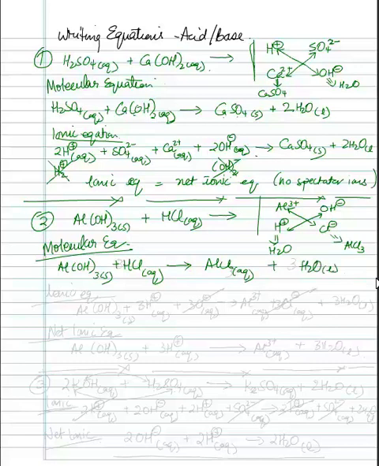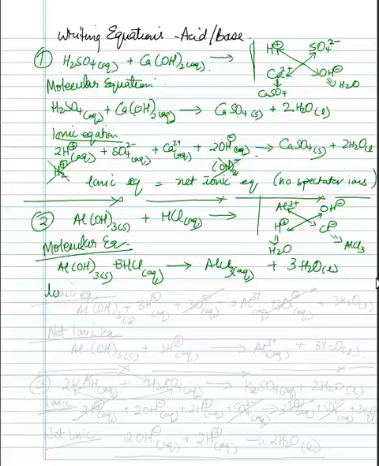Once we have this, we write out the balanced equation. Let's see if our equation is balanced. No, we need 3 HCl to get the chlorine, and then we have 3 hydroxides, so we need 3 waters over here. Now our equation is balanced.